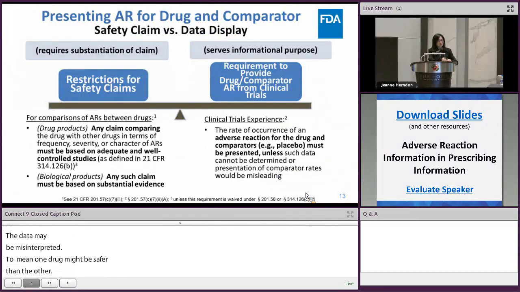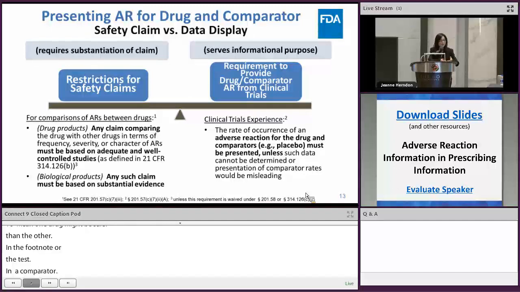This is just a pictorial to illustrate the balance that has to be struck between furnishing information, which is required. As we said, you have to, by regulations, provide adverse reaction rates for the drug and the comparator from clinical trials, weighing that against the regulation-required restrictions on potential safety claims. According to the regulations, if you're to compare the safety of one drug against another in terms of adverse reactions, it has to be based on adequate and well-controlled trials.